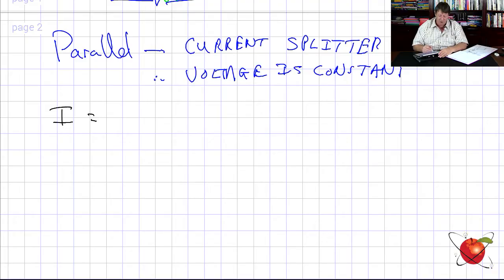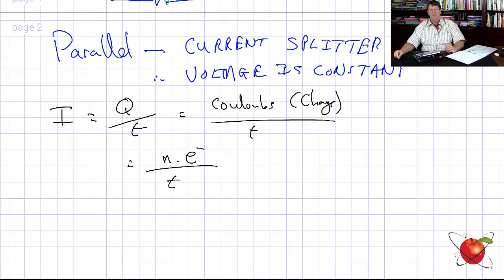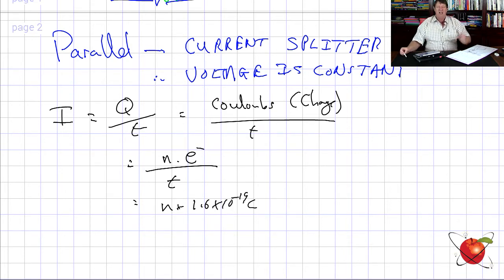I is equal to Q over T, where Q is coulombs, which is charge over time. And charge is number of electrons, and each electron is n times 1.6 times 10 to the minus 19 coulombs. So it's measuring how many electrons. It's counting them as they go past. That's what the ammeter is doing.